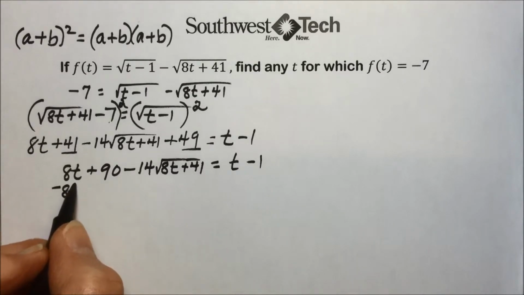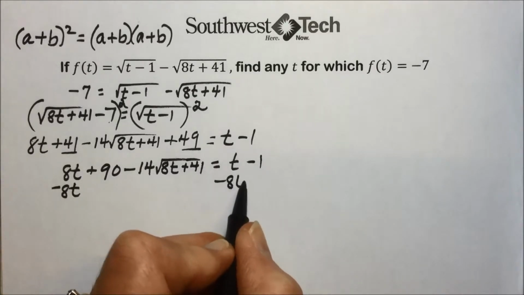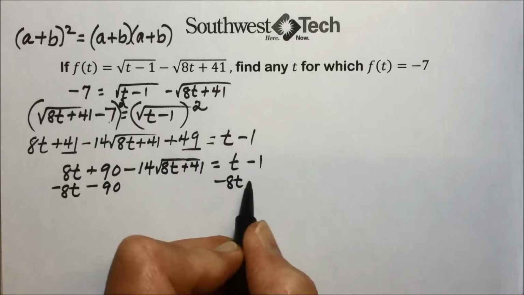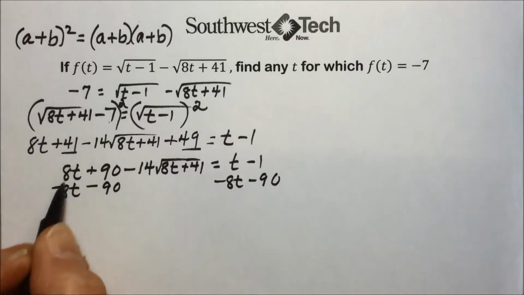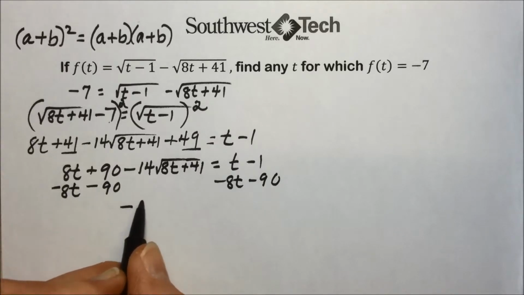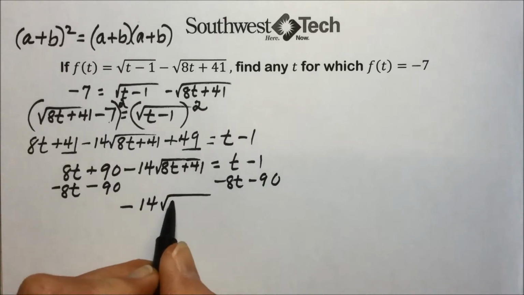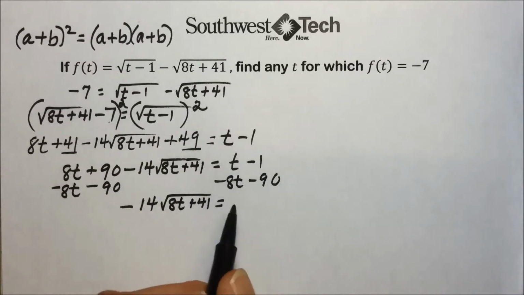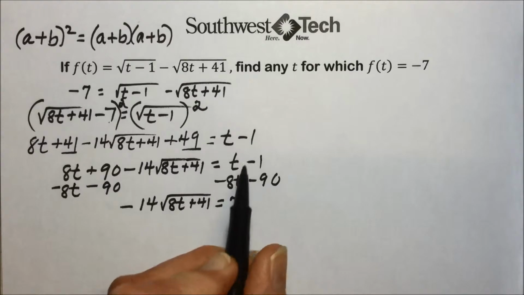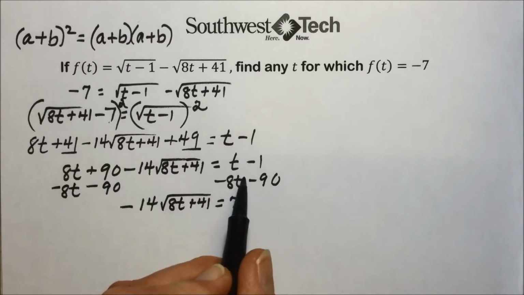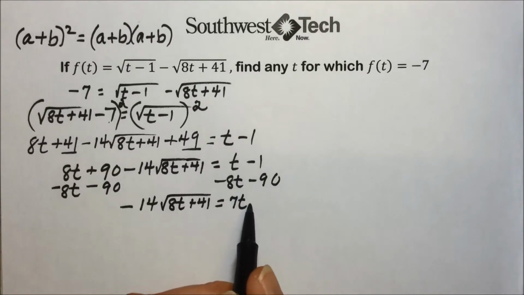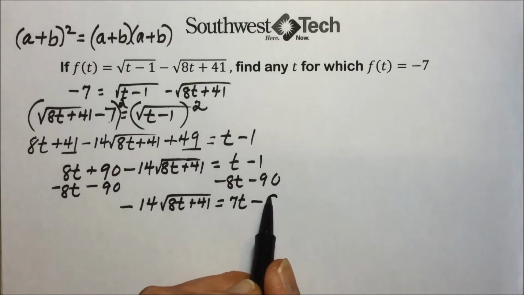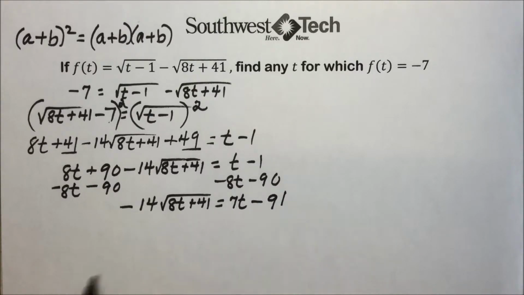So I'm going to subtract an 8t from each side and also a 90 from each side. The 8t's are gone, the 90's are gone, leaving a negative 14 times the square root radical remaining. t minus 8t is negative 7t, and t minus 1 minus 90, or plus a negative 90 using the rule of subtraction, is a negative 91. Now we're ready to square each side.